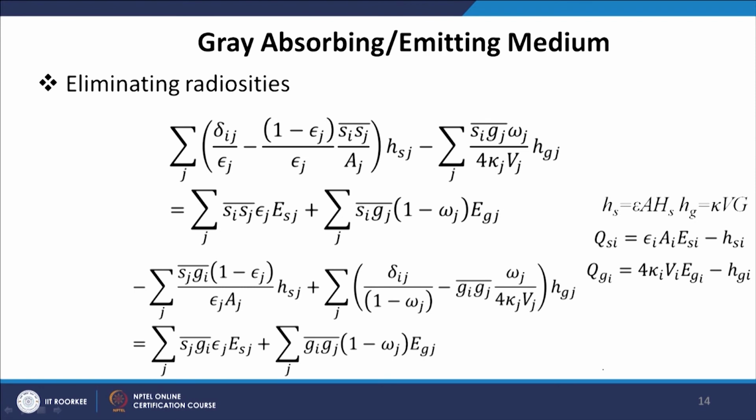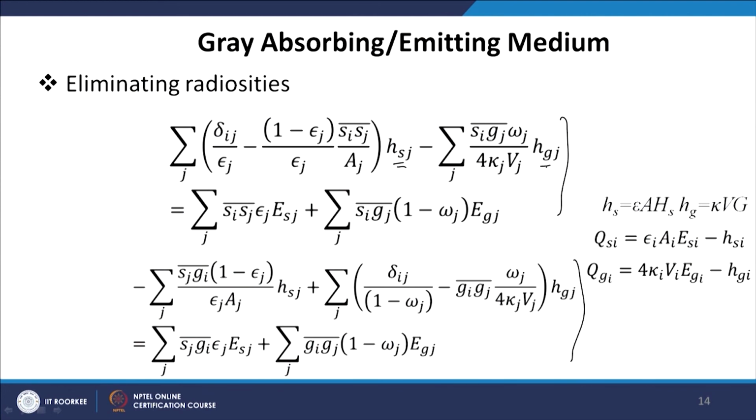Now, simplifying and eliminating the radiosity in this expression, we get two equations. We will discuss these equations in more detail in the next lecture, where HSJ and HGJ represent the amount of energy transfer from the surface and volume zone respectively. So QSI is equal to the emission from the surface, epsilon I AI ESI, minus HSI, and QGI is equal to 4 kappa I VI EGI minus HGI.